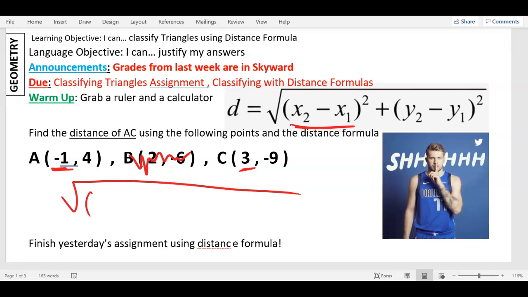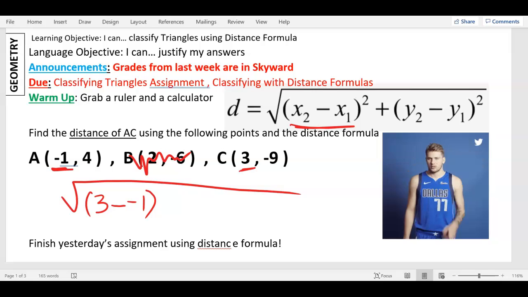So we're going to do 3 minus negative 1. Do you see how there's always a minus there? And then I have to put this negative 1 after it. So there is a minus, a negative. Okay? So I subtract my x's squared, right?